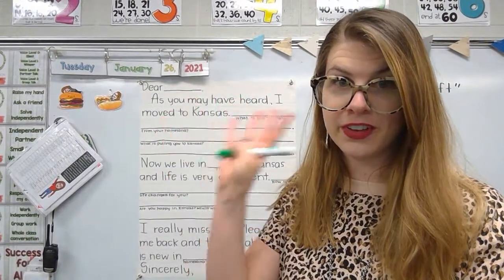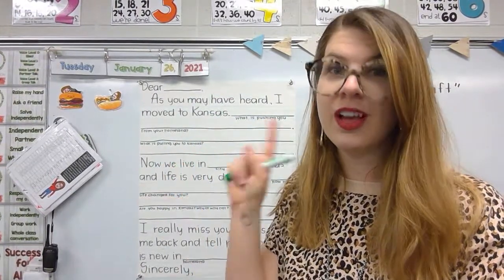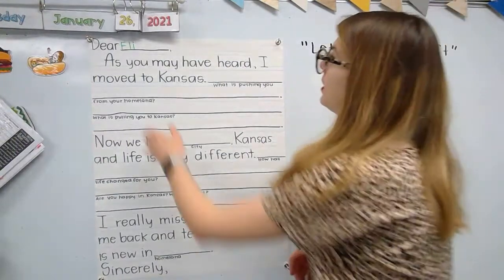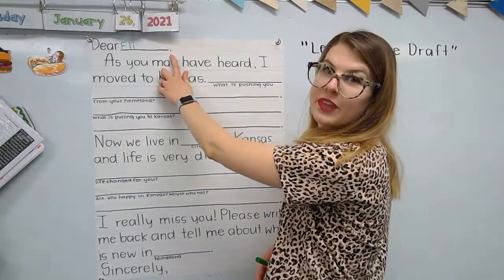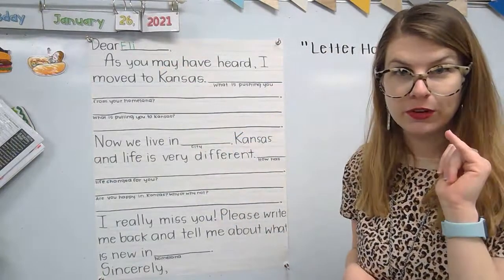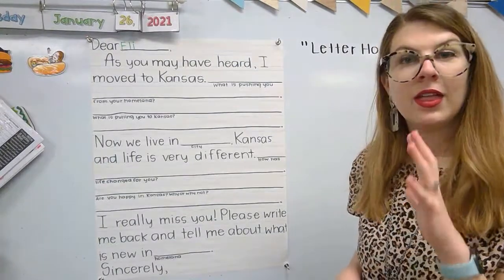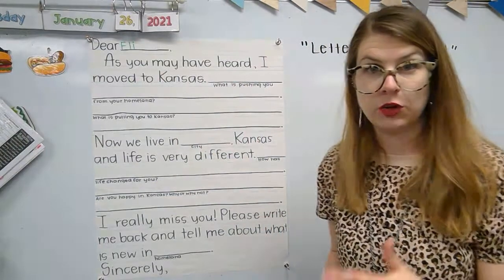5, 4, 3, 2, 1. I wrote my husband's name, so I put dear, capital E, Eli, with a comma. At this point, we both have the person that we're addressed to, and we're ready to start beginning our sentence writing. Like I mentioned, the black sentences are sentence starters that you can use.